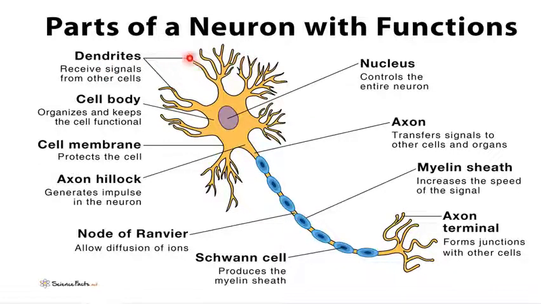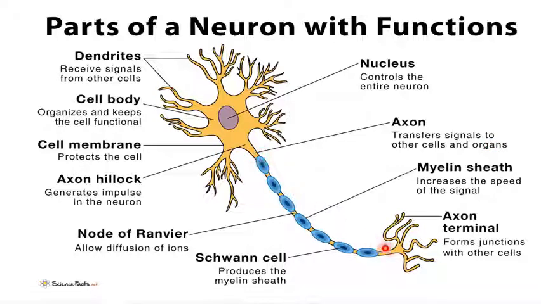Once received by the dendrites, the signal travels to the cell body. The cell body organizes and keeps the cell functional. From the cell body, it goes to the axon hillock, which generates the impulse of the neuron, and then towards the axon. The axon transfers signals to other cells and other organs.